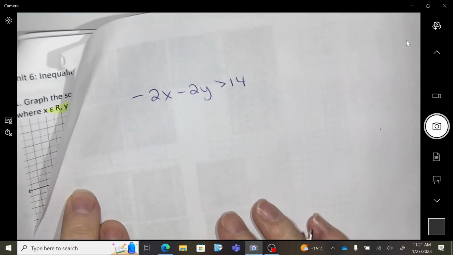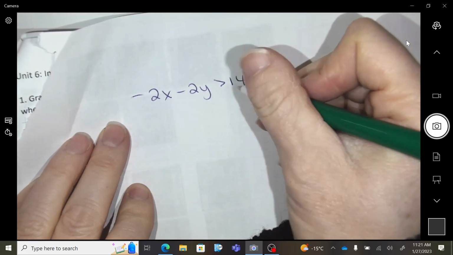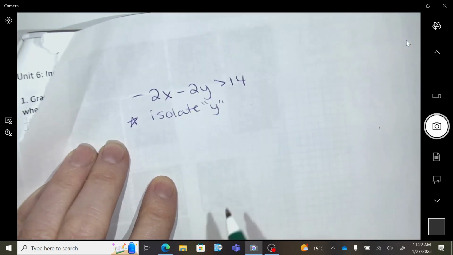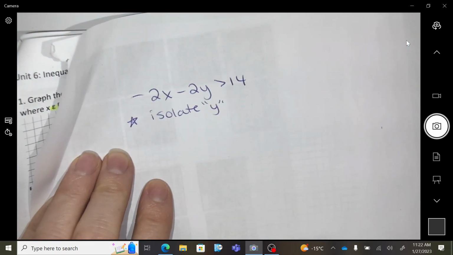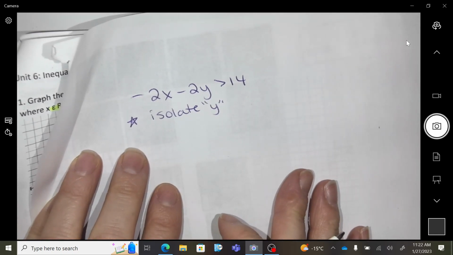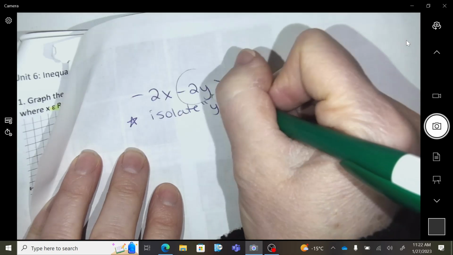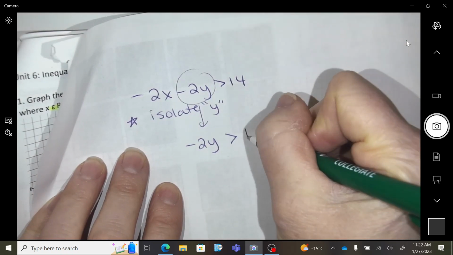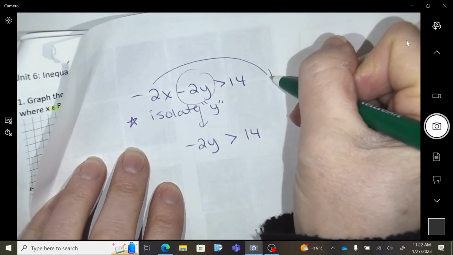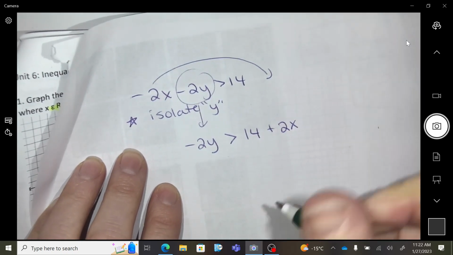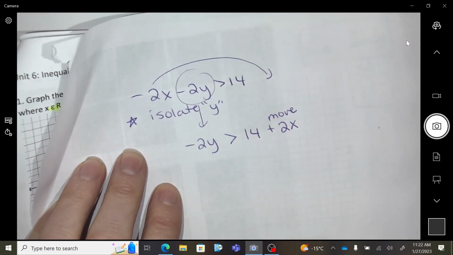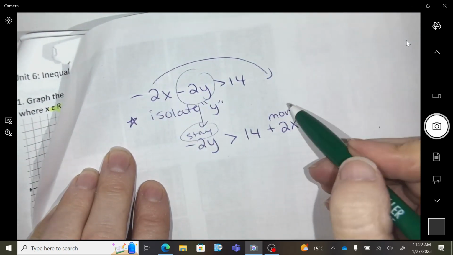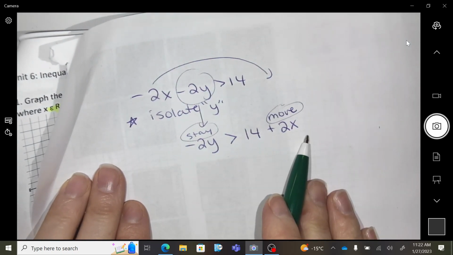Okay, so here's my cheat sheet. So here's what I'm going to say on my cheat sheet. Isolate the y. That's what I'm going to tell myself to do. So this example is exactly how I'm writing it on my cheat sheet. So negative 2y stays. Okay, so I'm writing myself some notes here.